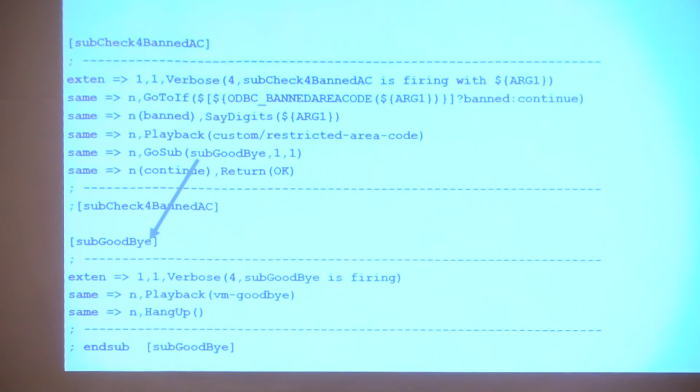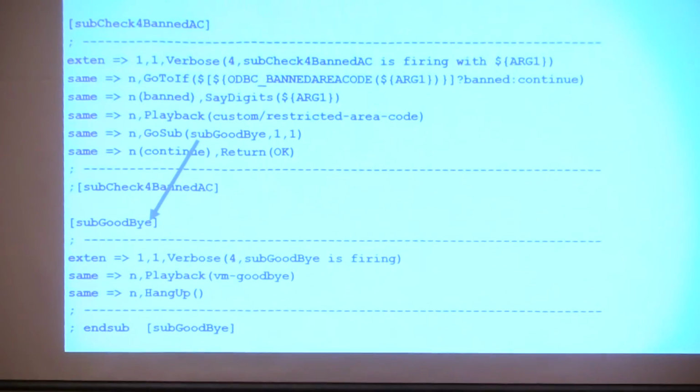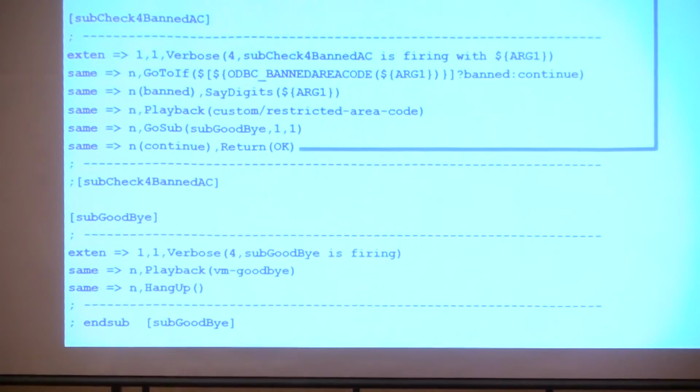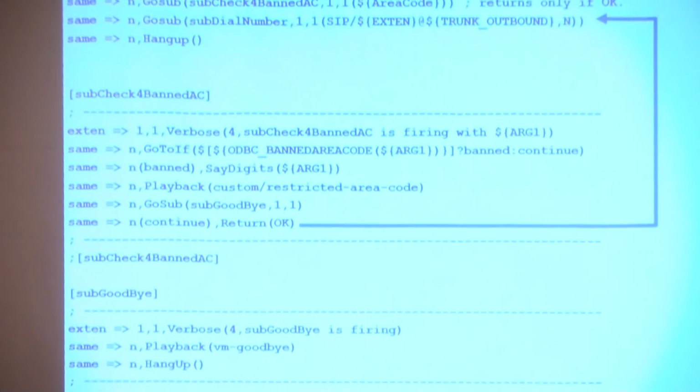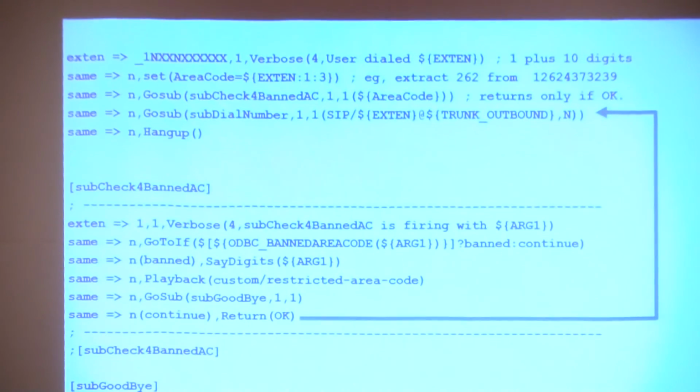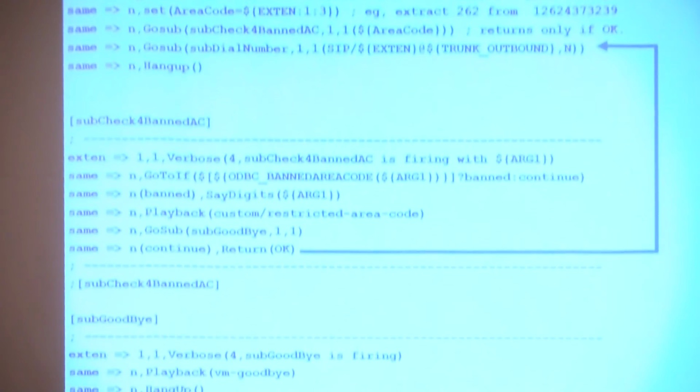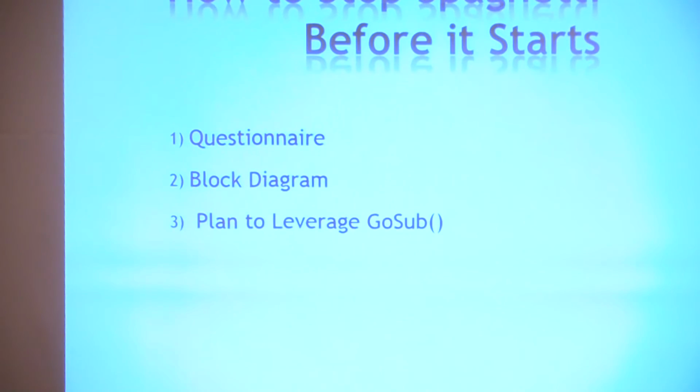If the area code is not banned, then we'll just return control back to the dial plan and call another gosub to actually dial the number. So gosubs are an extremely powerful tool that we need to include in our arsenal.